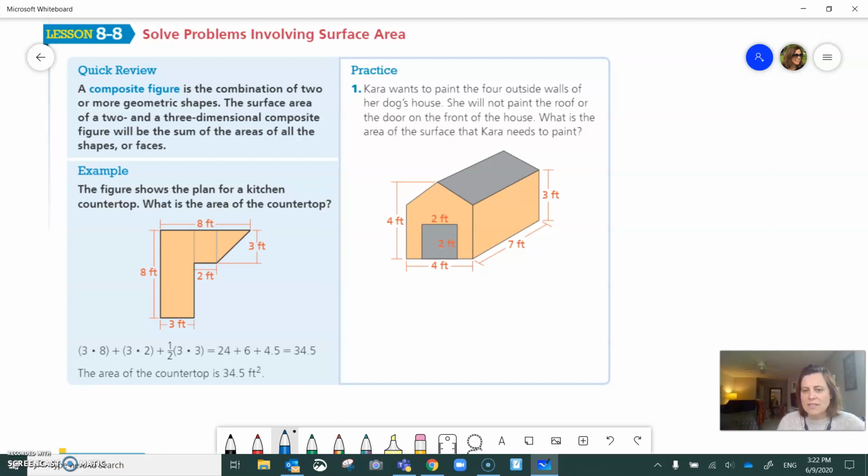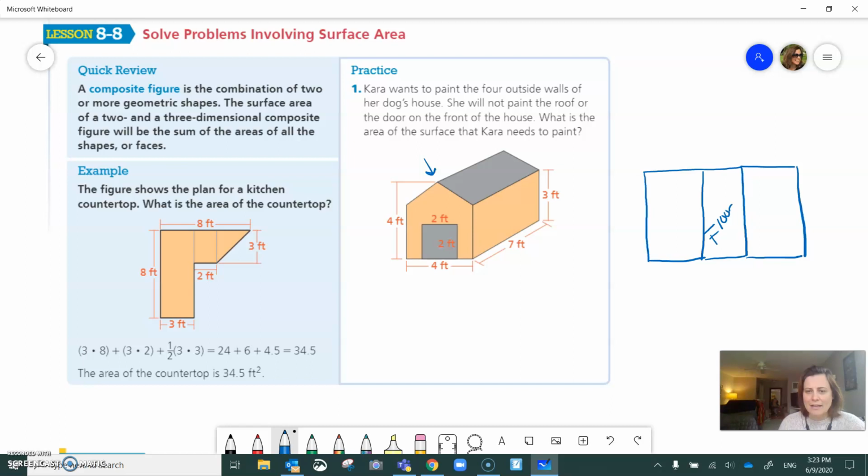So if this was a net and we opened it up, we would have the floor, which we're definitely not going to paint. So I'm going to write floor here. This guy would open up this direction. The one on the other side that we can't see would lay down this way. So if those 2 walls fell flat.